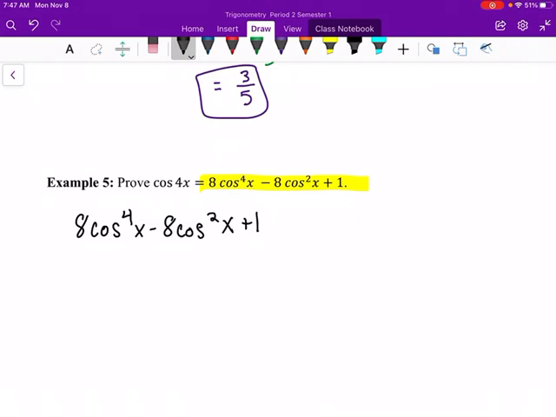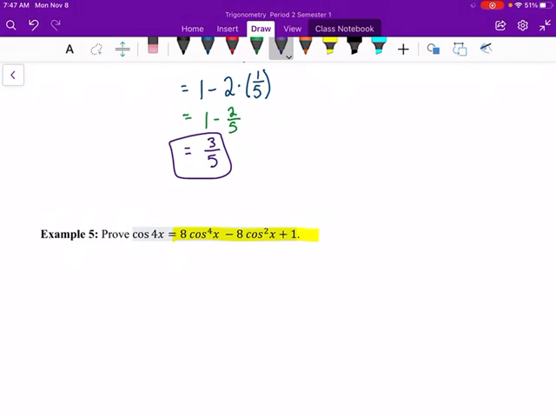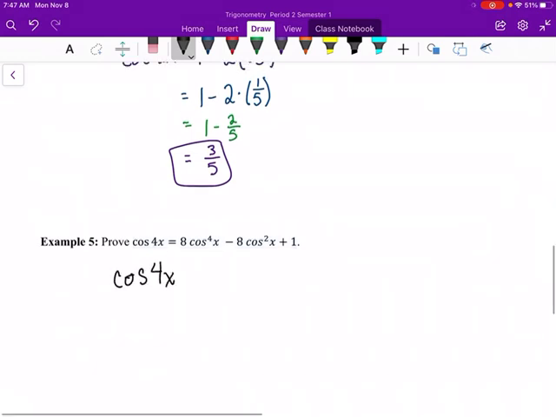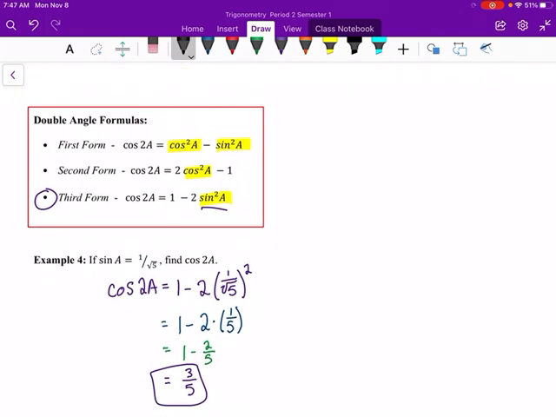Actually, I'm sorry, we're not going to work on this side. We're going to work on the other side, cosine of 4x. For this, we can use our double angle formulas, and we're going to want to use the second one because we are only given cosine in this example.